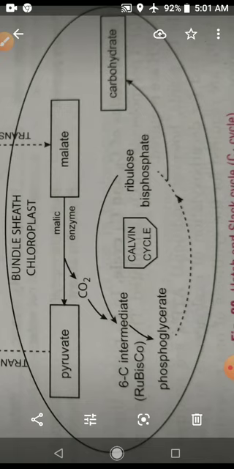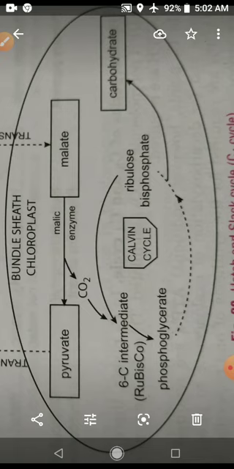As I have told you, mesophyll cells have chloroplasts, smaller in size, but they have well developed grana. Bundle sheath cells have chloroplasts, large in size, but they have poorly developed grana, or they don't have grana.